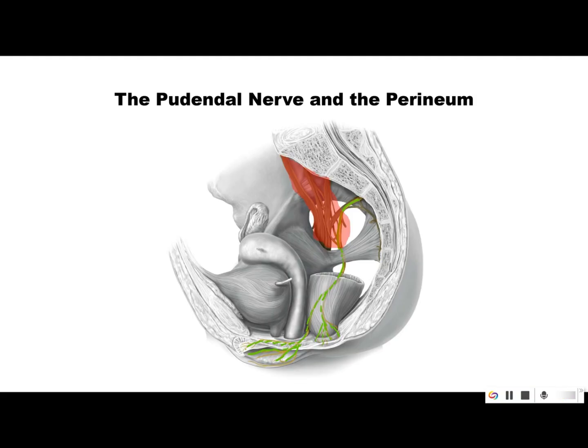There are two main nerves arising from the sacral plexus, the pudendal nerve and the sciatic nerve, which supplies the posterior aspect of the thigh and the entire leg and foot. Accompanied by the internal pudendal artery, the pudendal nerve leaves the pelvis through the greater sciatic foramen between the piriformis and the coccygeus muscle. It then hooks around the ischial spine and the sacrospinous ligament and enters the perineum through the lesser sciatic foramen.